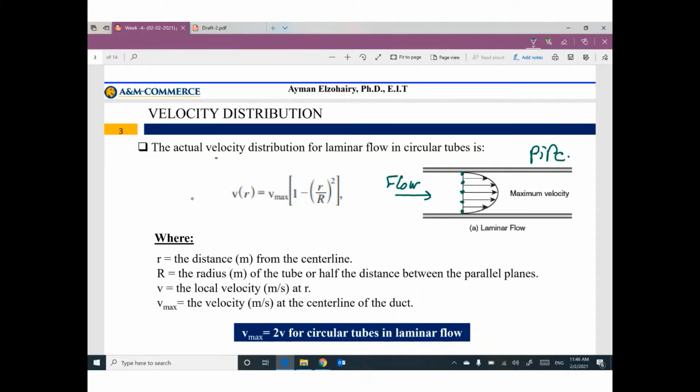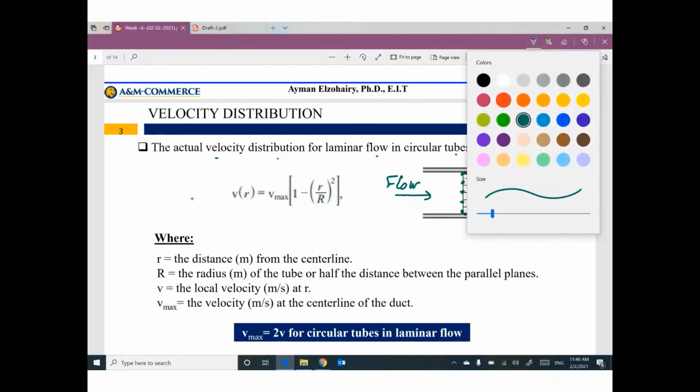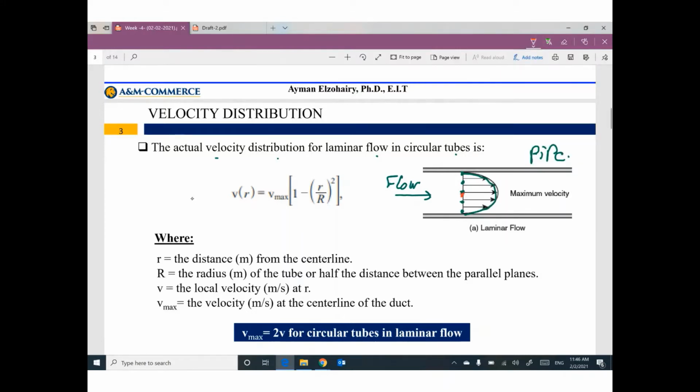The actual velocity distribution for flow in a circular tube looks like this. The particle at the middle of the pipe has the maximum velocity. A particle in contact with the pipe theoretically has zero velocity.